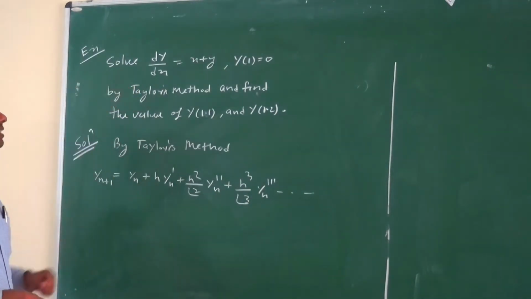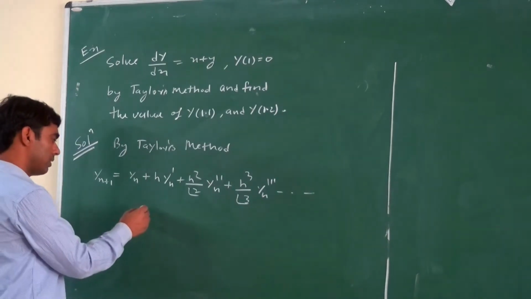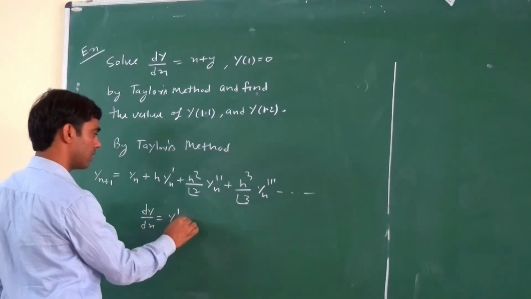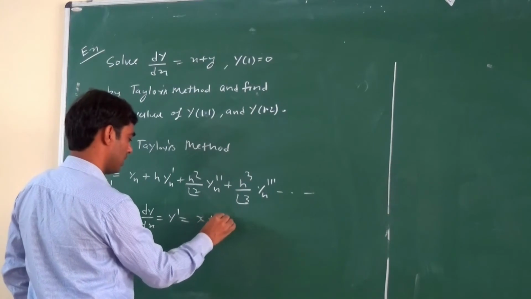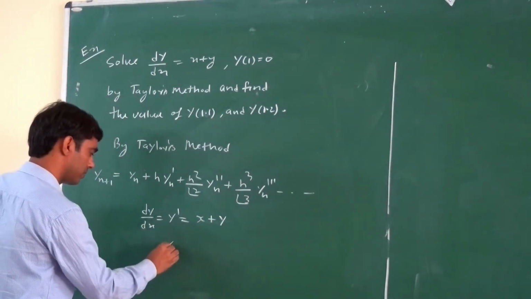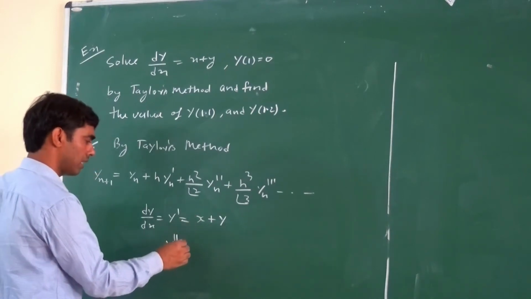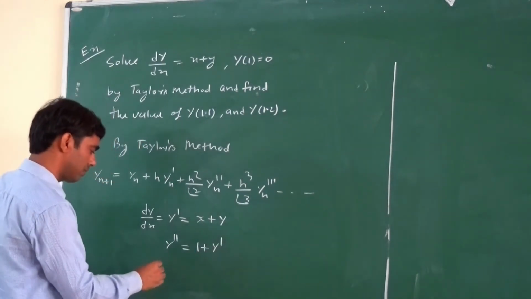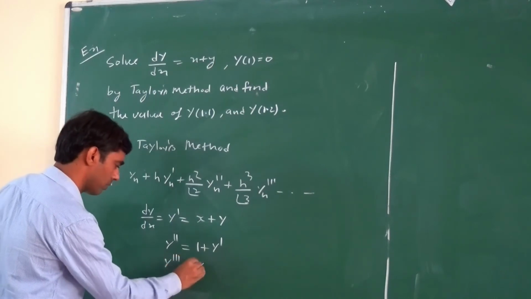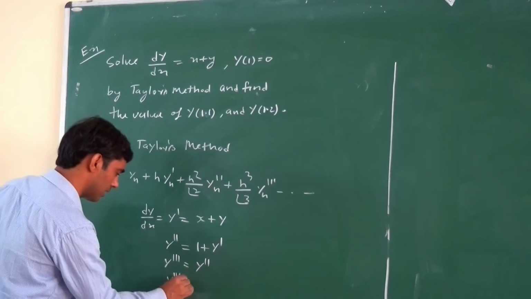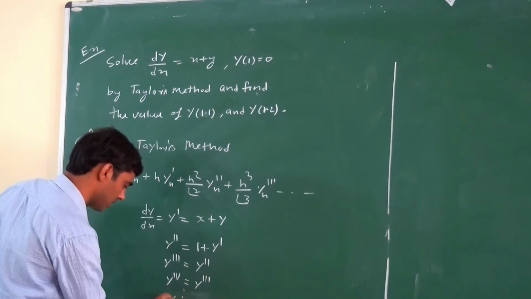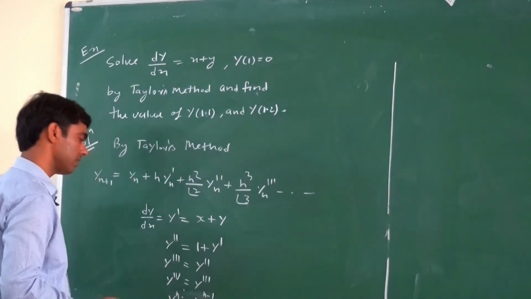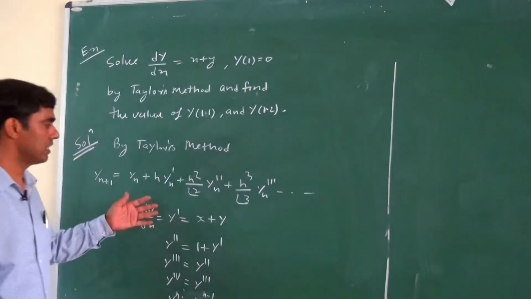What is given? y dash is given in the problem. dy by dx means y dash, so y dash equal x plus y. y double dash is del f upon del x, this becomes 1 plus y dash. y triple dash is y double dash, and y4 dash is y triple dash, and similarly y n dash equal y n minus 1. These are the derivatives.